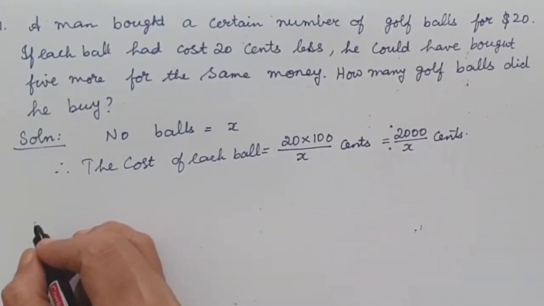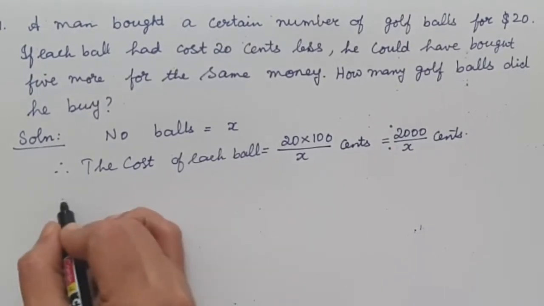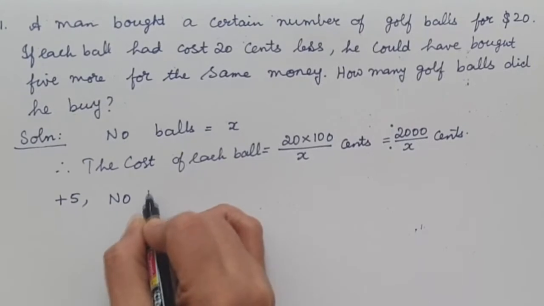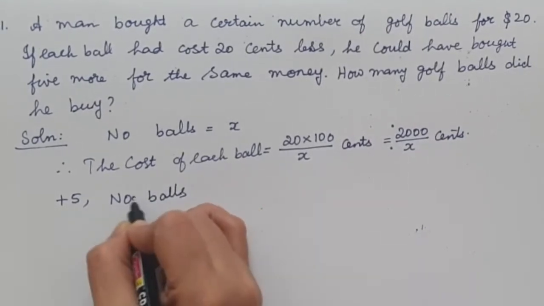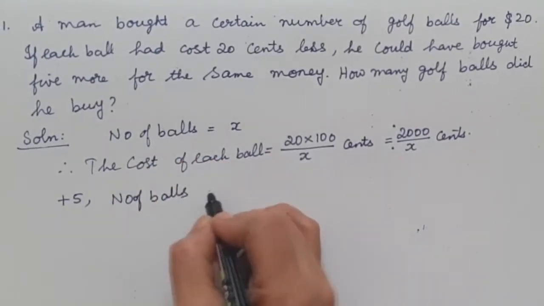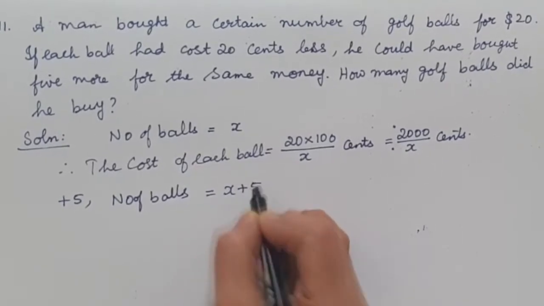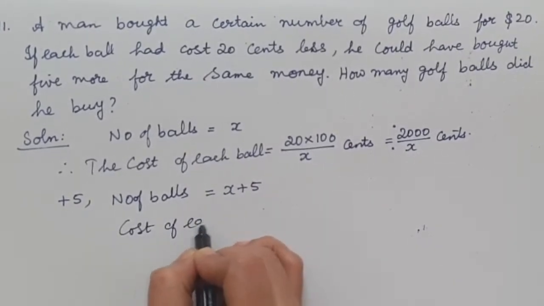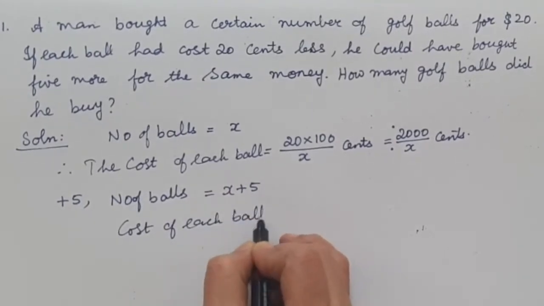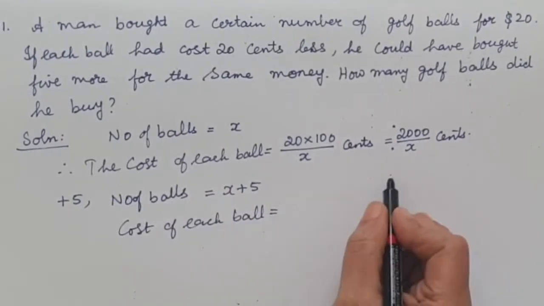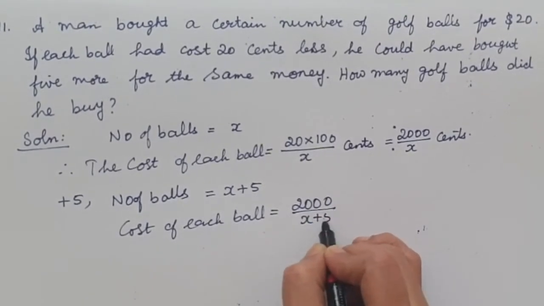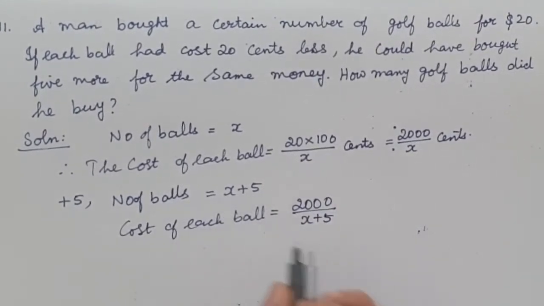If 5 more balls are bought, then now the number of balls will be equal to x plus 5. In this case, the cost of each ball is the same 2000 divided by x plus 5, because the number of balls is x plus 5.